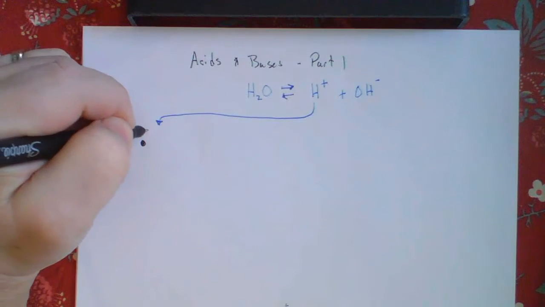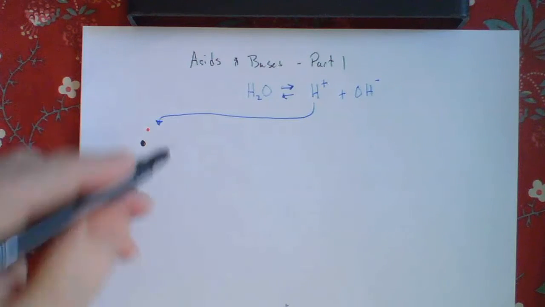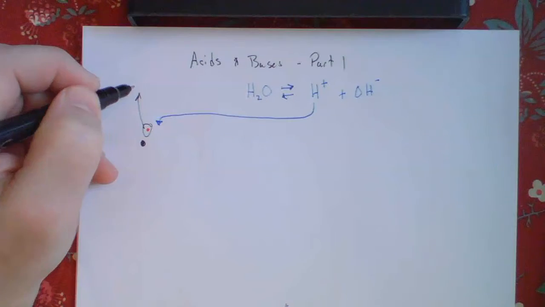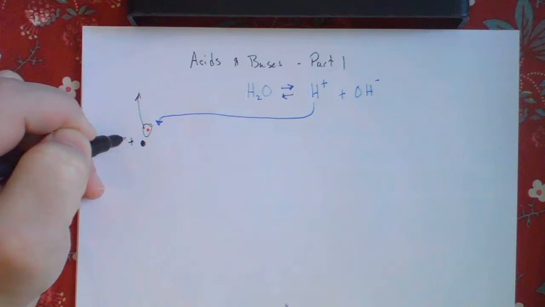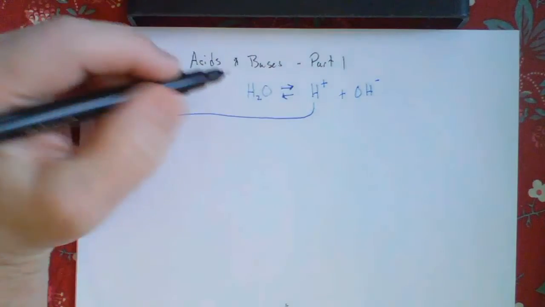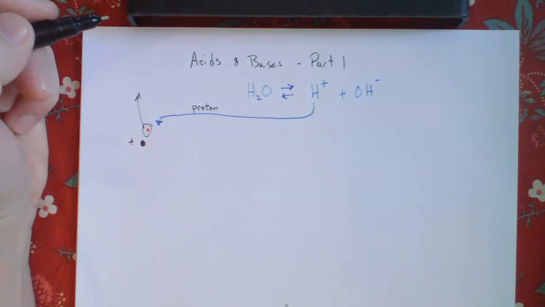To make this into an ion, that electron would have to leave. So we lose our negative piece, and the only thing left is that positive proton. So a hydrogen ion is really nothing more than just a proton.